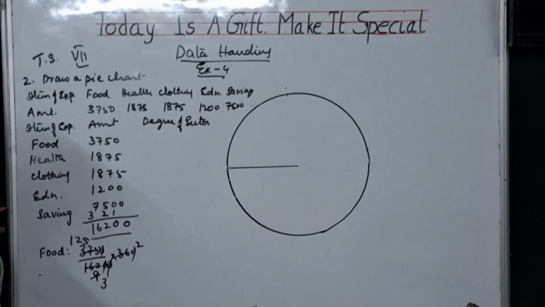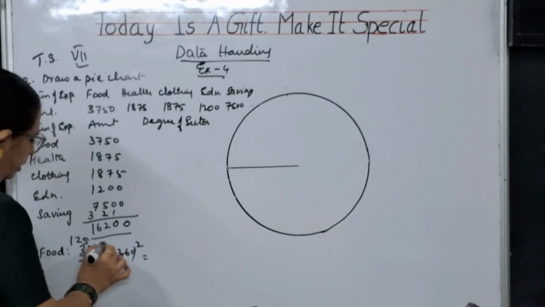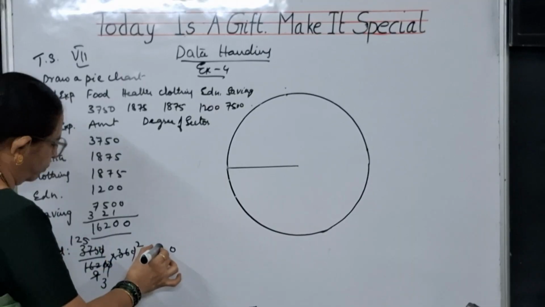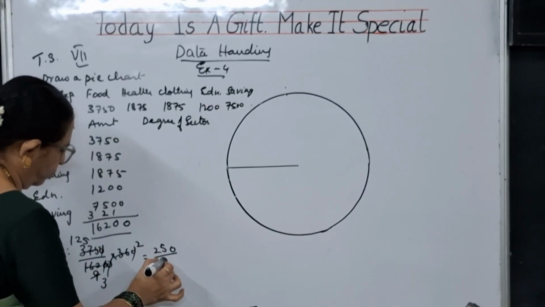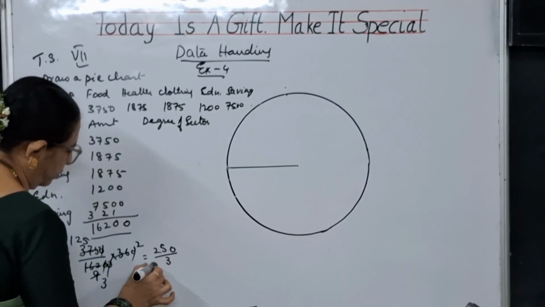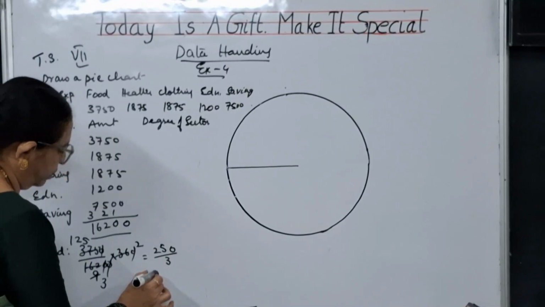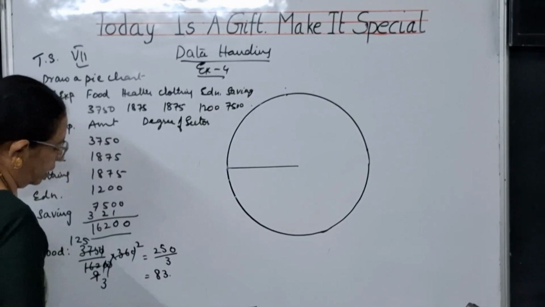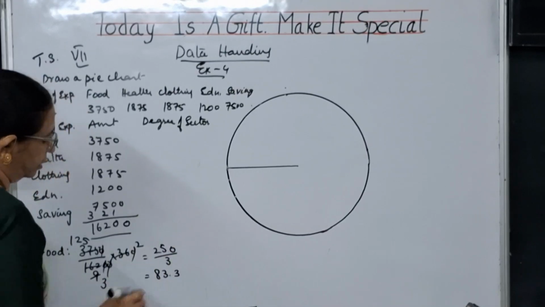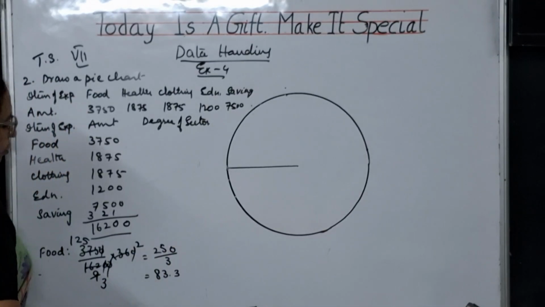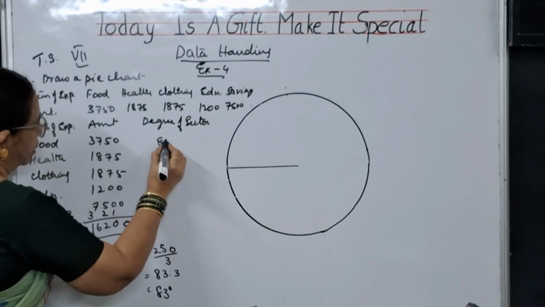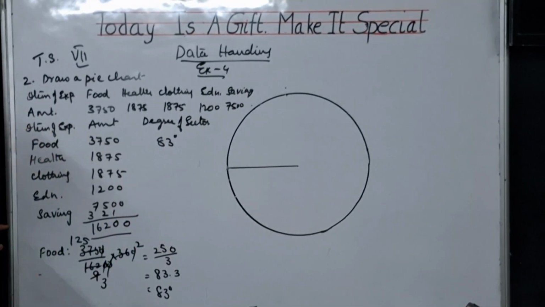We cannot simplify it further. So multiply. 5 twos are 10, 2 fives are 10, 2 twos are 4, 1 5, 2. 250 by 3. That means how much are you getting? 3 eights are 24, 3 threes are 9, and it goes on like this. So approximately we will be taking it as 83 degrees. So we take it as 83 degrees.